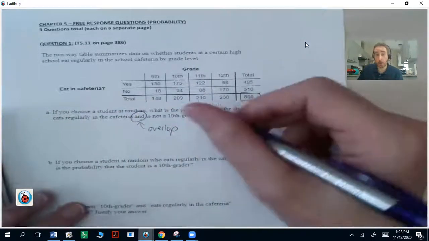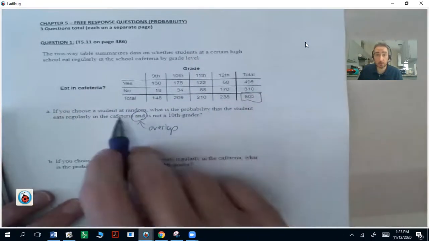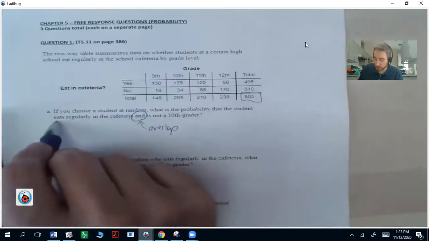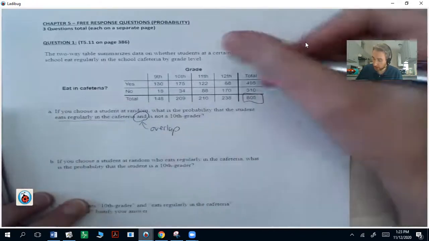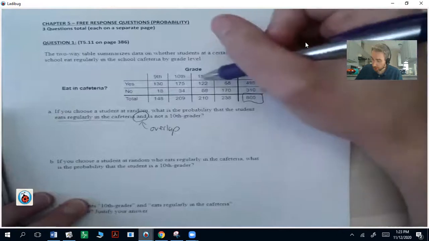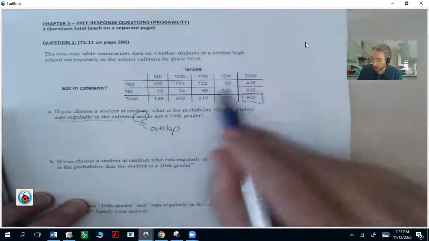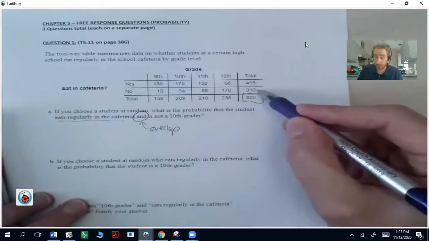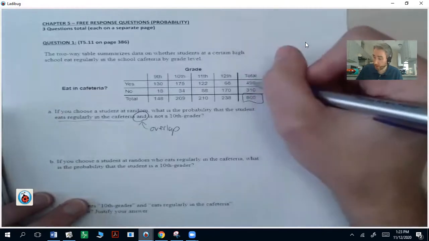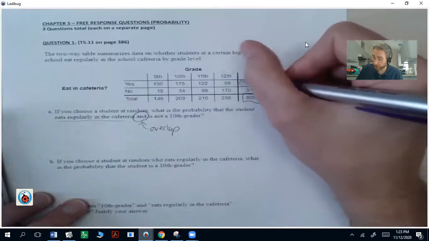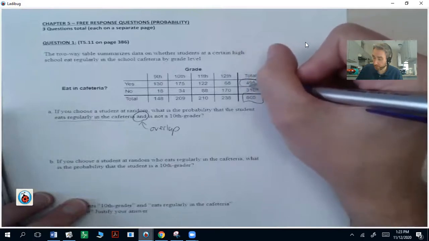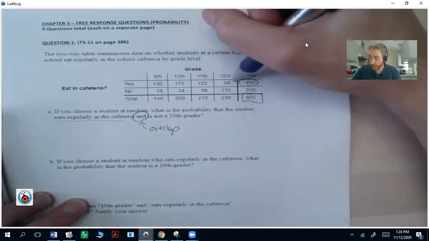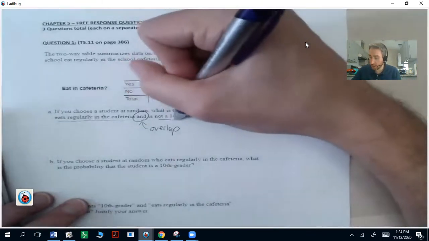To get at the numerator, we're going to figure out first the individual probabilities. Regular in the cafeteria would be yes, 495 over 805. So 495 is regular in the cafeteria. And then and is not a 10th grader.